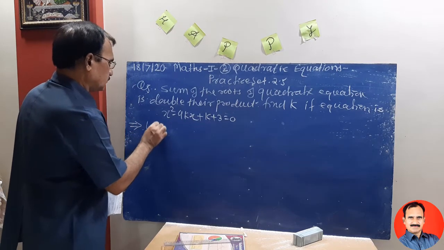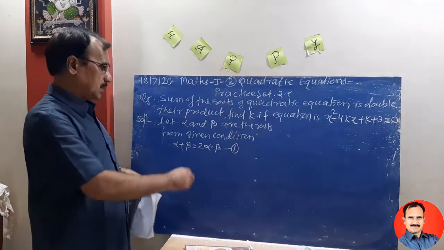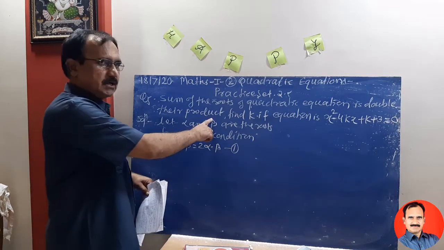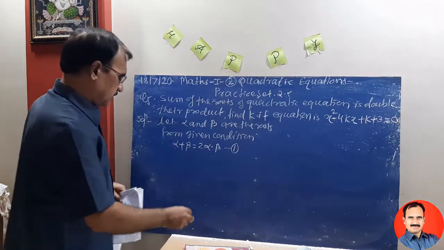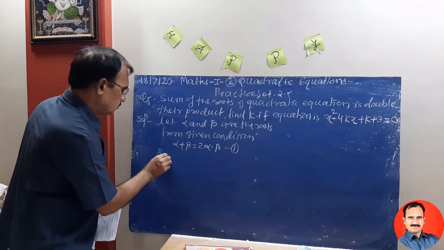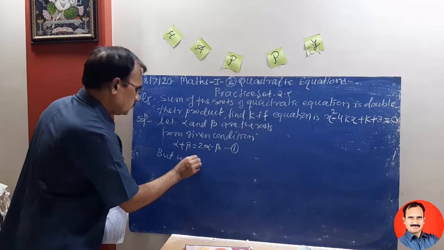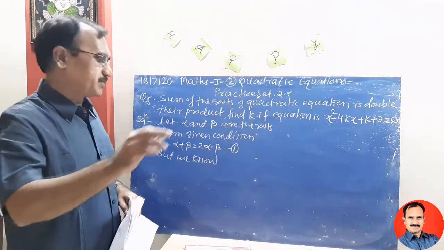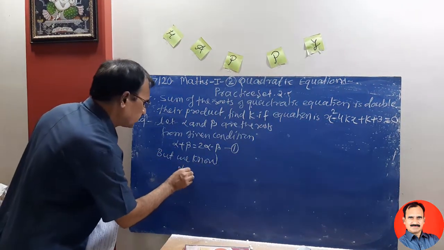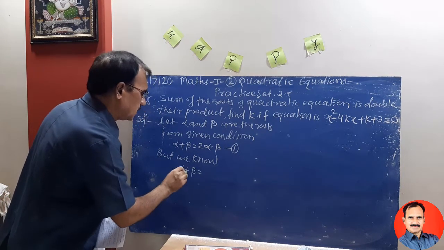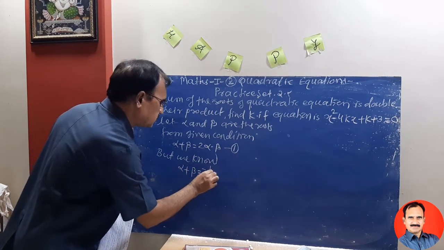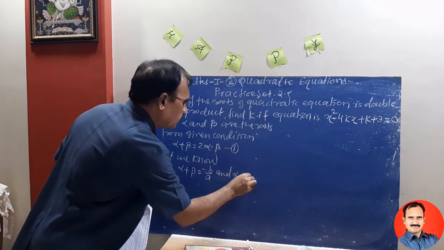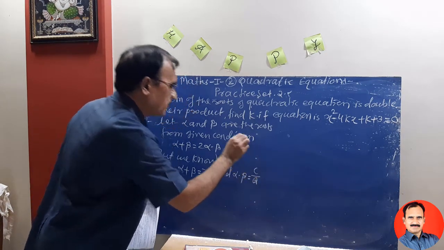Solution. Okay, here alpha plus beta is equal to 2 into alpha into beta is given condition in this example. But we know the relation between roots and coefficients. What is the relation? Alpha plus beta is equal to minus b upon a, and alpha into beta is equal to c upon a.